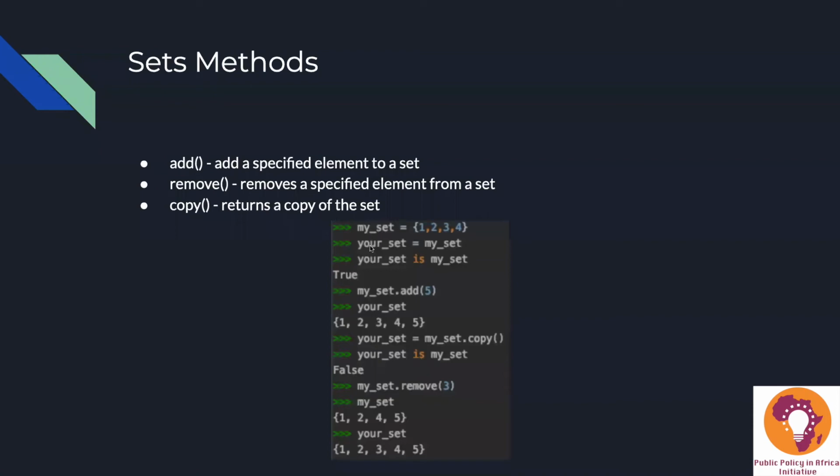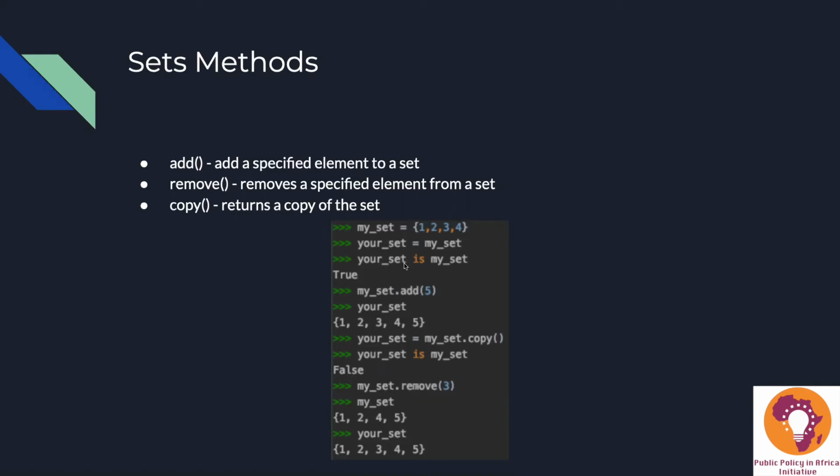In this case, I create my set 1, 2, 3, 4, and then I set your set equal to my set. So I assign my set to your set using the assignment operator. Then I check is your set is my set is basically the question I'm asking with this Boolean expression, and that's true because they are the same exact element in memory.